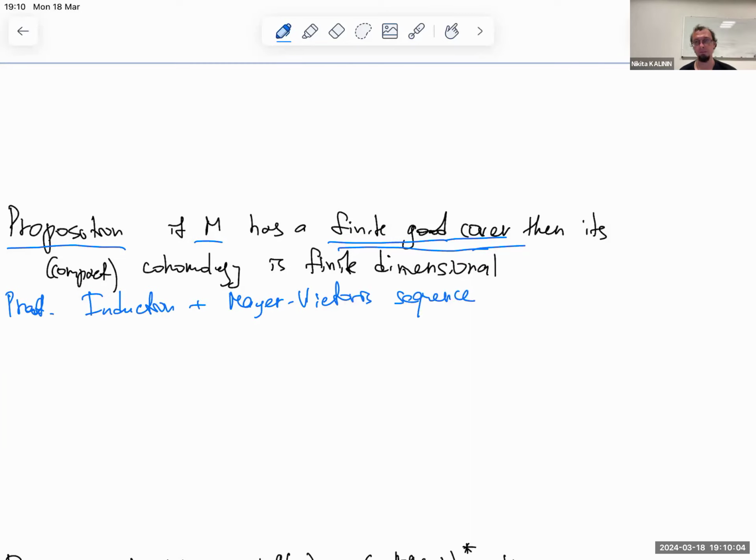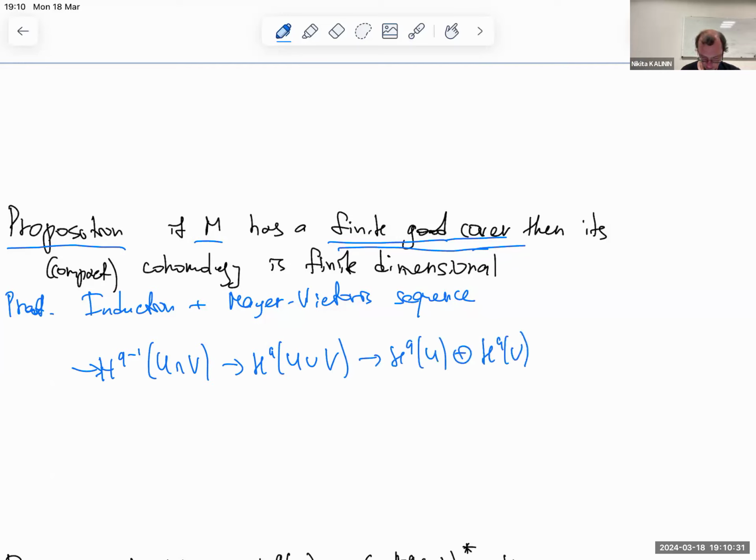So I just remind you what that is. When you write the sequence, you have some terms like that. So you have H^(q-1) of the intersection, and it goes to H^q of the union, and it goes to H^q of U plus H^q of V, and H^q of the intersection, and so on.